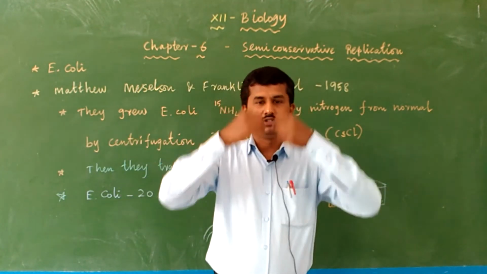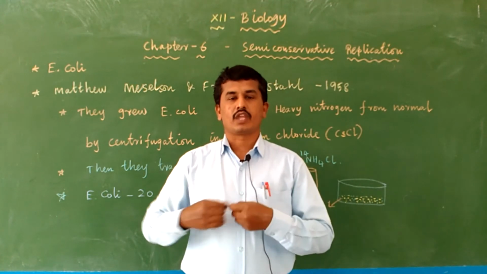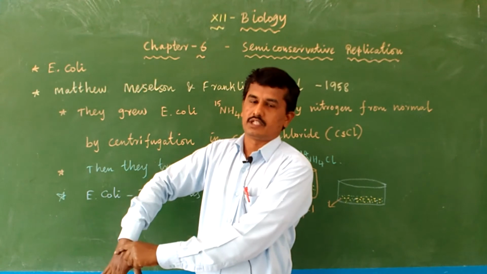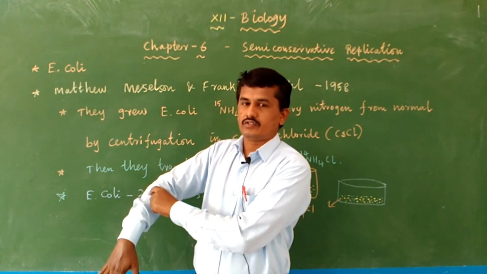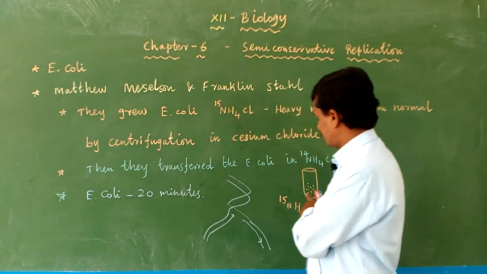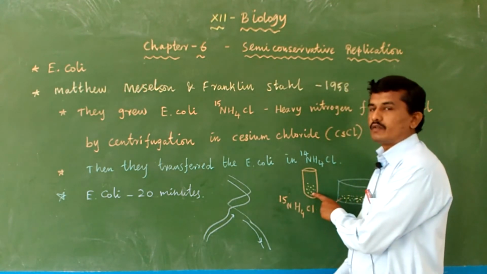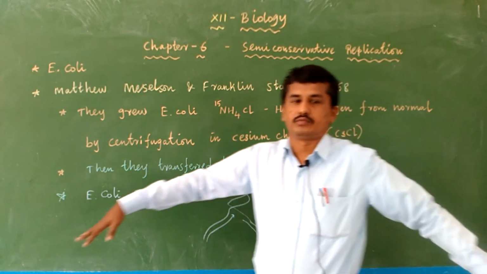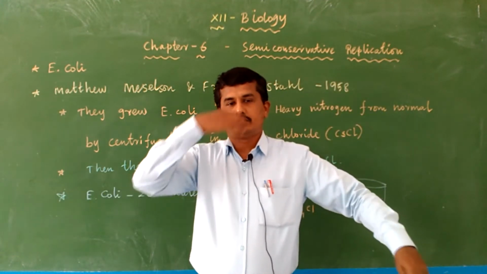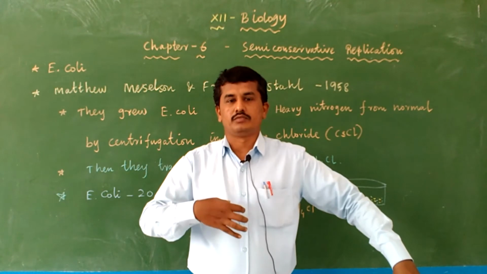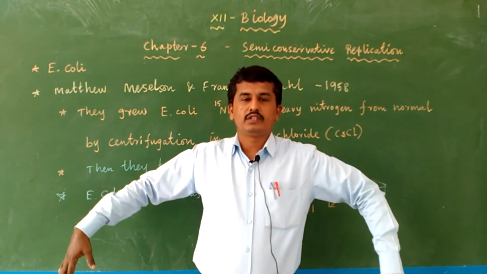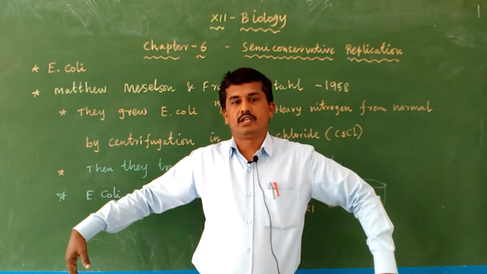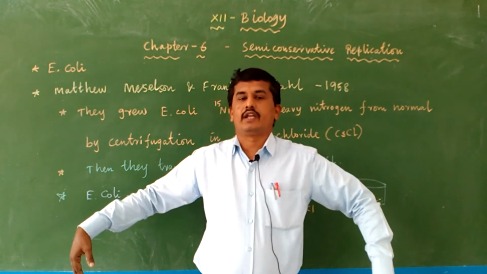Actually this is the centrifuge machine's center part. We add a test tube in the centrifuge machine. In the test tube we take a substance like bacteria with ammonium chloride and cesium chloride. We take two test tubes, with ammonium chloride giving heavy N15 nitrogen bases in the DNA, and cesium chloride also.